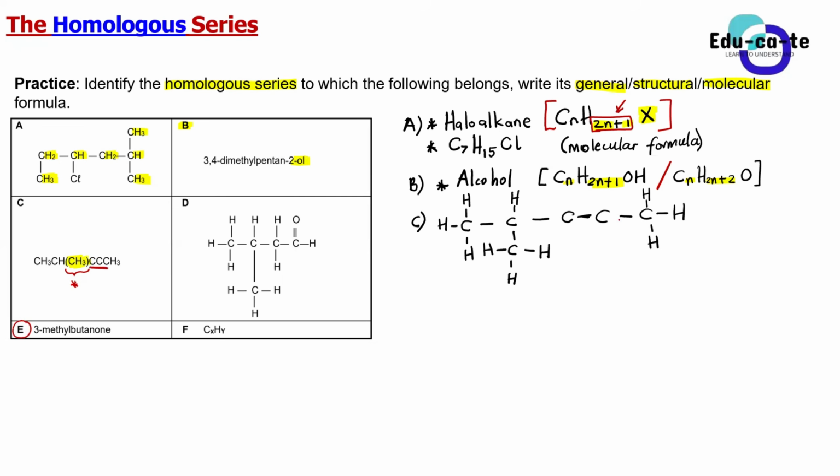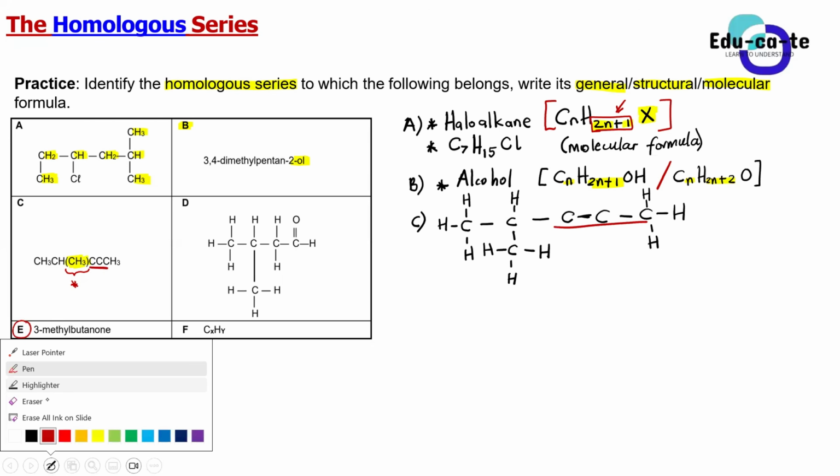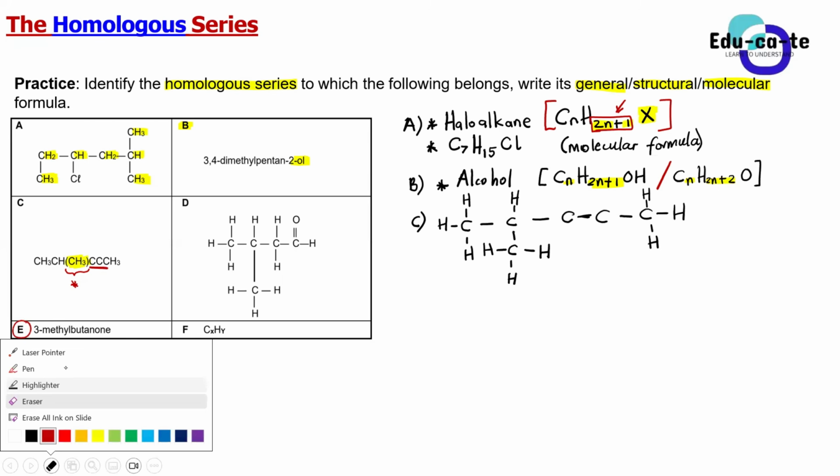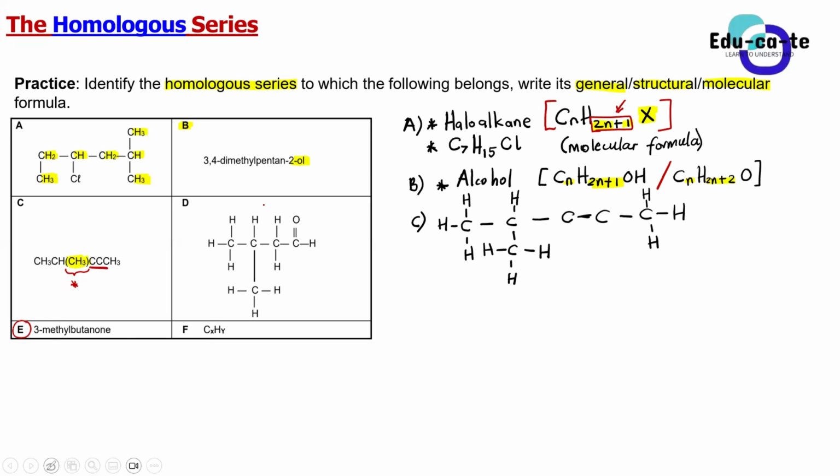But now the problem is when we are done drawing this condensed formula into a structural formula, we realize that some of the carbons here do not have 4 bonds completely. Guys, when I introduced this topic, I told you that each and every carbon atom must be surrounded by 4 bonds in total.